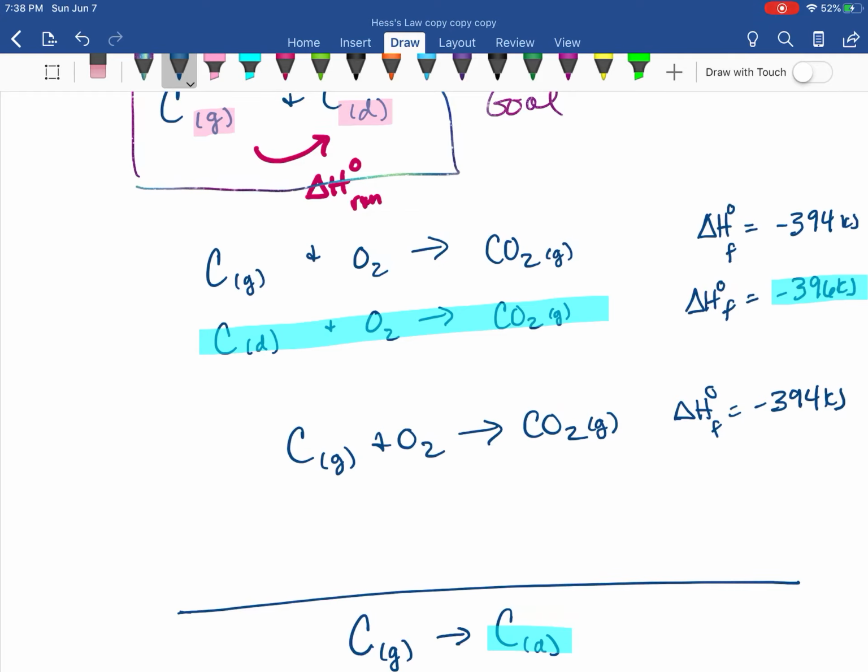Remember in our energy diagram, we drew this forward or backward. The value is the same. It's the direction that changes. So I'm going to write this thing backwards. We are going to take our CO2 and break that up into oxygen and carbon diamond. And now what do we do with our sign on our number? We flip it.